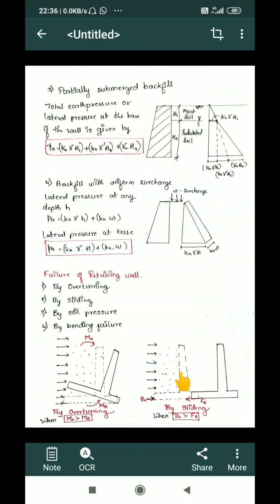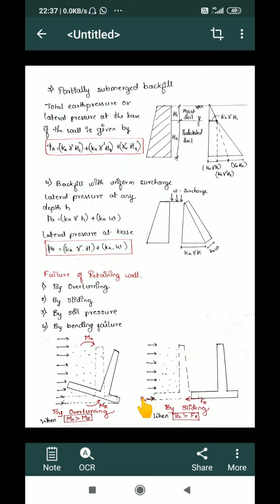When I apply a force or pressure, even though the stem is much more stable and the overturning movement is also in range, it may happen that the slabs which are connected to the soil are not strong enough, and the frictional force is not enough to resist the horizontal pressure applied from left to right.